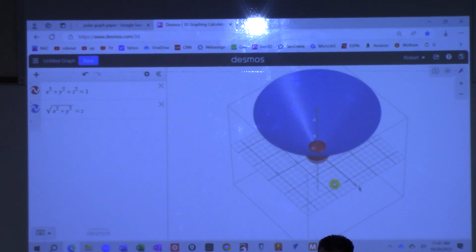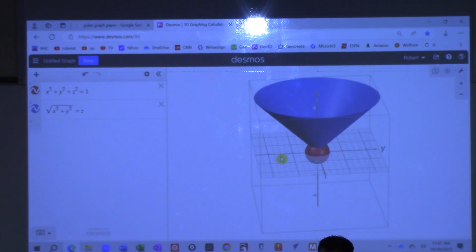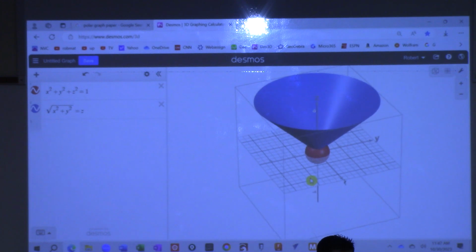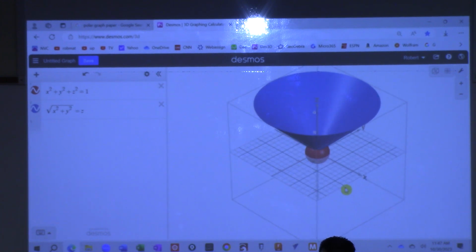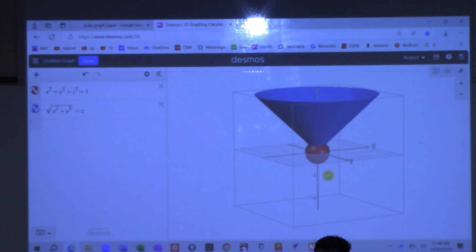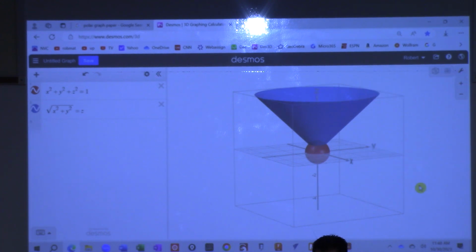We want inside the ball, but above the cone. When I say above, y'all understand what I mean by above? Yeah? All right. There is a way to change your opacity, I believe. Let me see. Translucent surfaces. There we go. That's all you can do here.